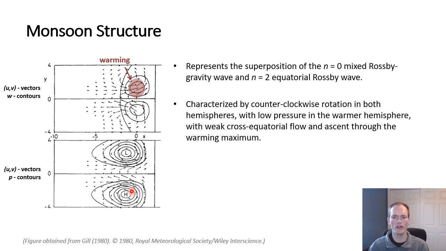We can use the generic terminology warmer hemisphere for the low pressure and colder hemisphere for the high pressure, because if we had put the warming, rather than here in the northern hemisphere off of the equator, in the southern hemisphere off of the equator, this would just be mirrored across the equator. So we have counterclockwise rotation with a low pressure in the northern hemisphere and high pressure in the southern hemisphere.